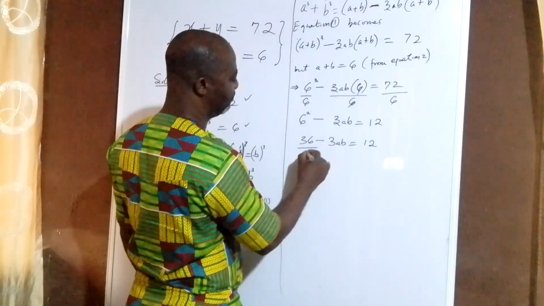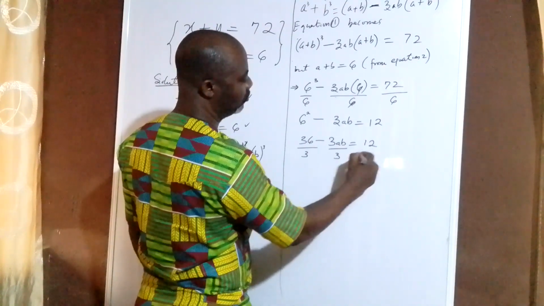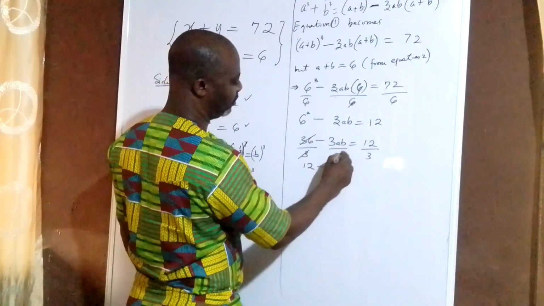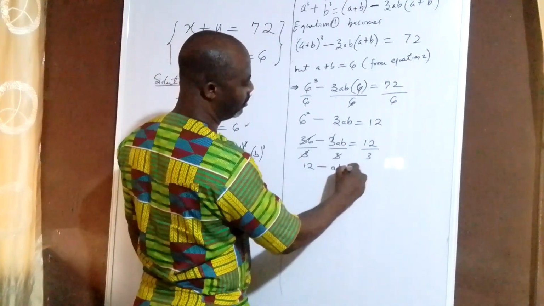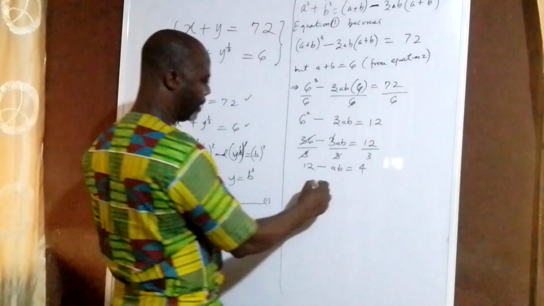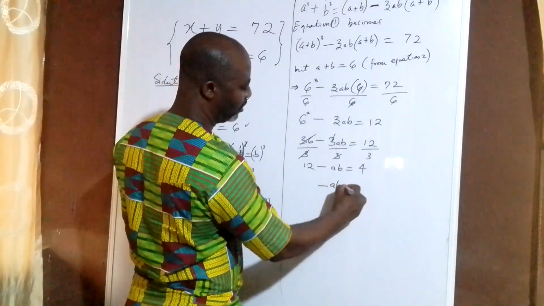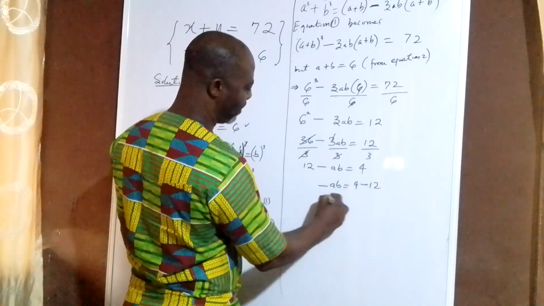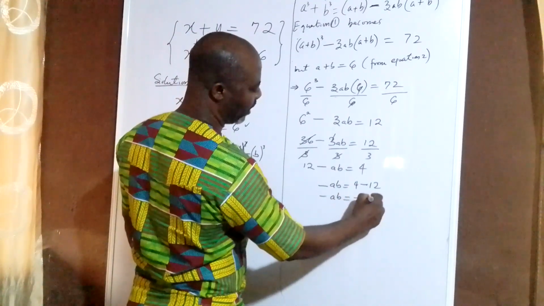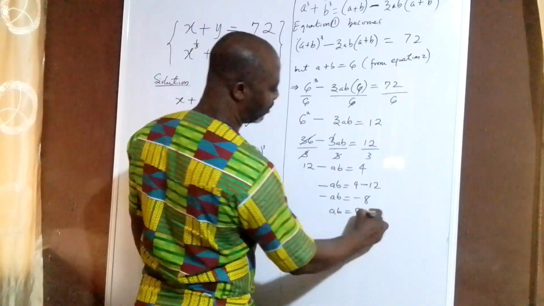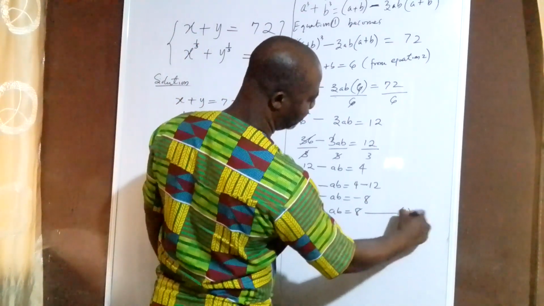Then I can divide by 3 again, so this will give us 12 minus ab equal to 4. So minus ab equal to 4 minus 12, so minus ab equal to minus 8. So ab equal to 8. We can call this equation 3.